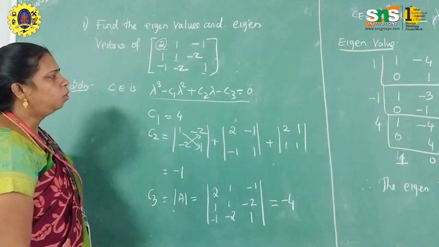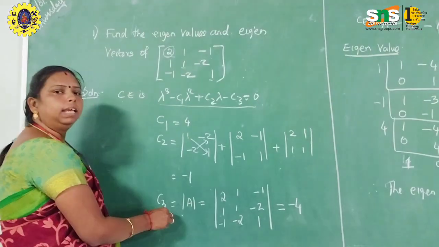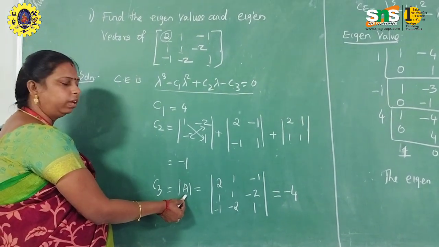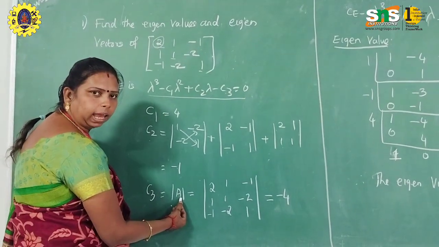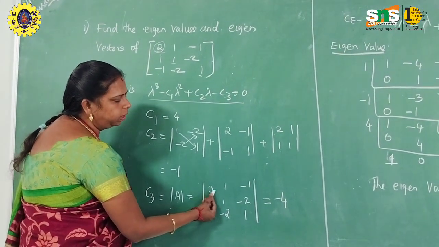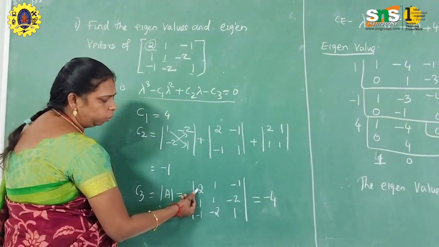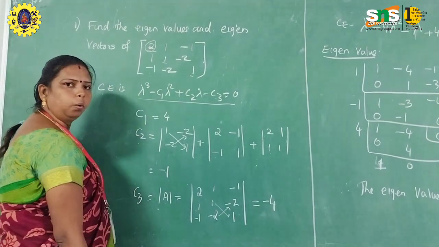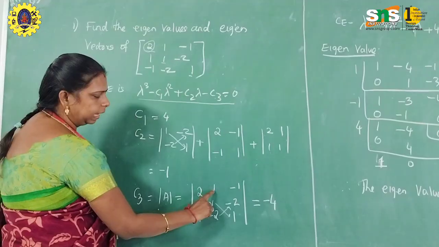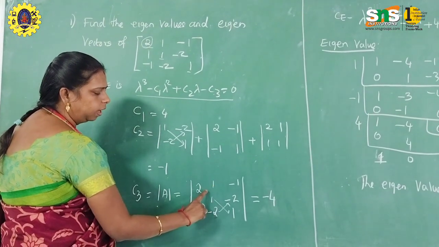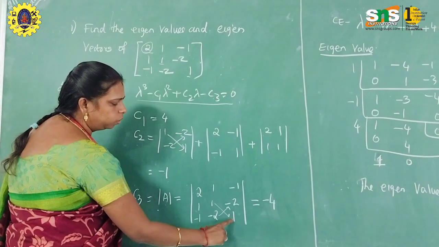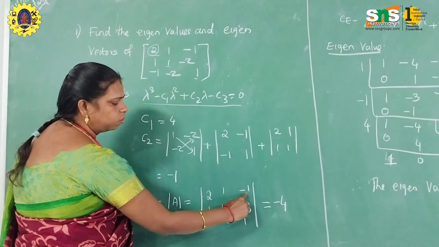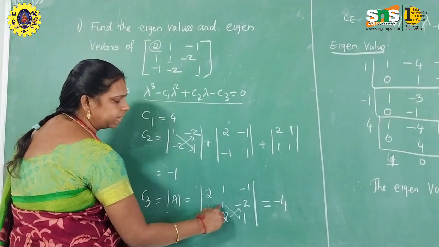We have one more constant, that is C3. C3 is got by finding the determinant value of A. We know the procedure to find the determinant of A. I am going to expand this by the first row: 2 into (1 minus 4), then the second element is -1, so -1 into (1 minus 2), and the third element is -1 into (-2 plus 1).